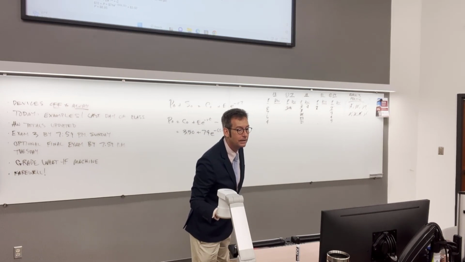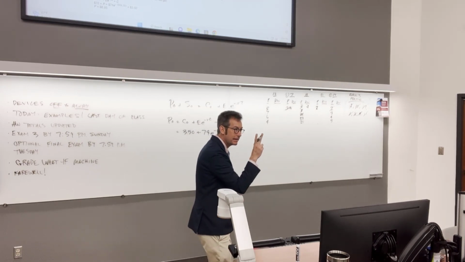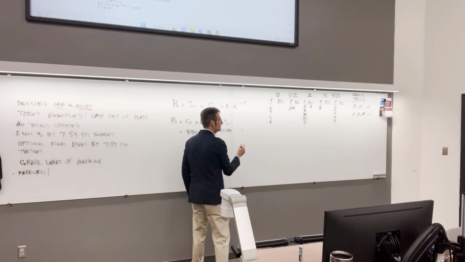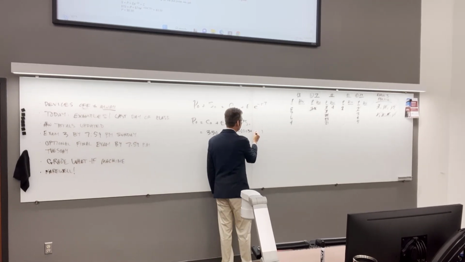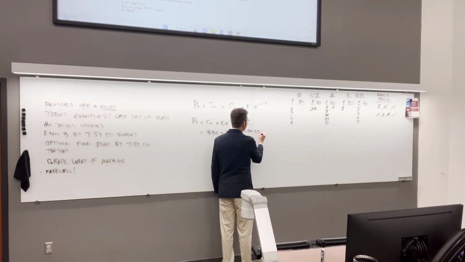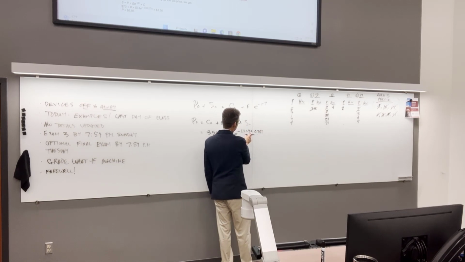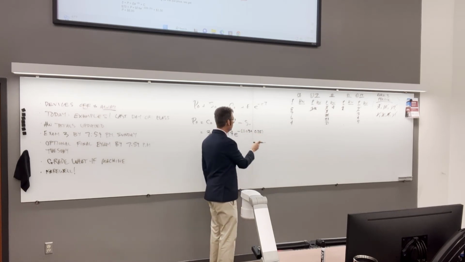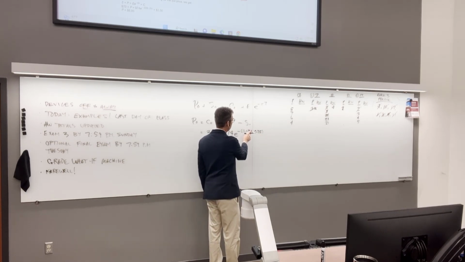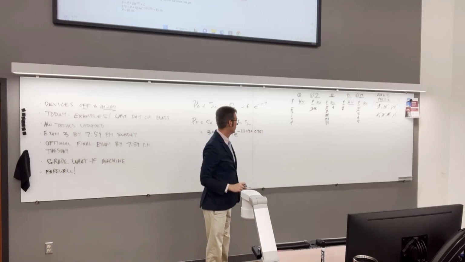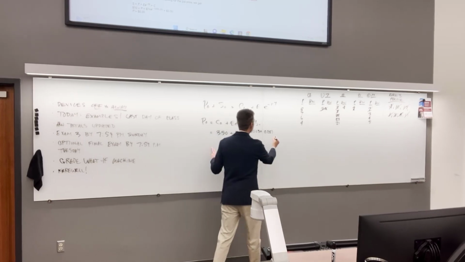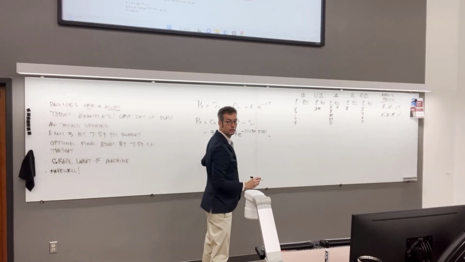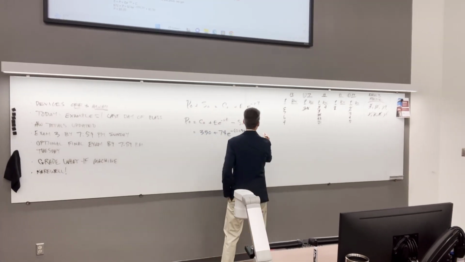So I would say 3 divided by 12, and my t is going to be 0.25. As long as the rate and the time period have the same time scale, so if this is per year, you want to put this in years. If this is per month, you want to put this in months. Okay, minus, what's the stock price? 70.